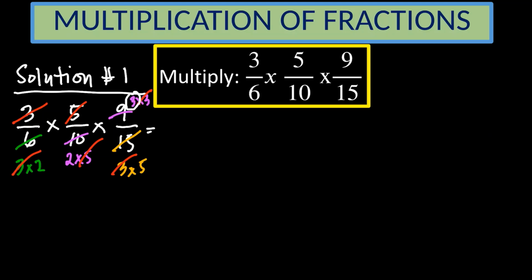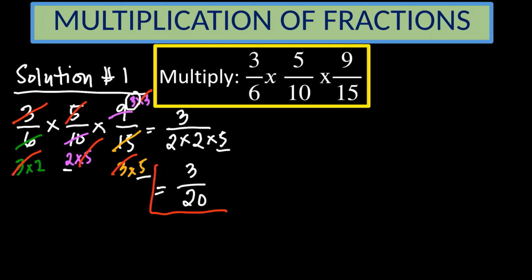What about for the denominator? For the denominator, we have 2 times this 2 times this 5. So we have 3, and here 2 times 2 is 4 times 5 is 20. And so the answer is 3 over 20.